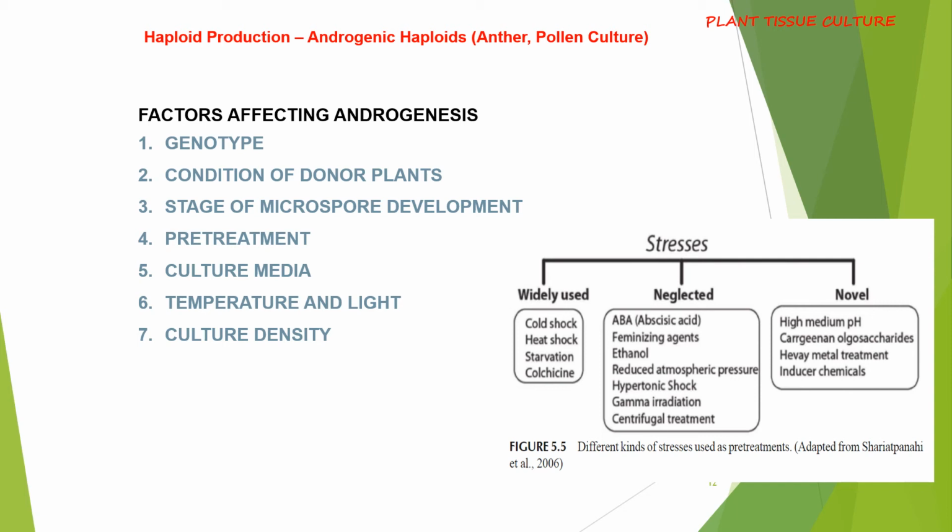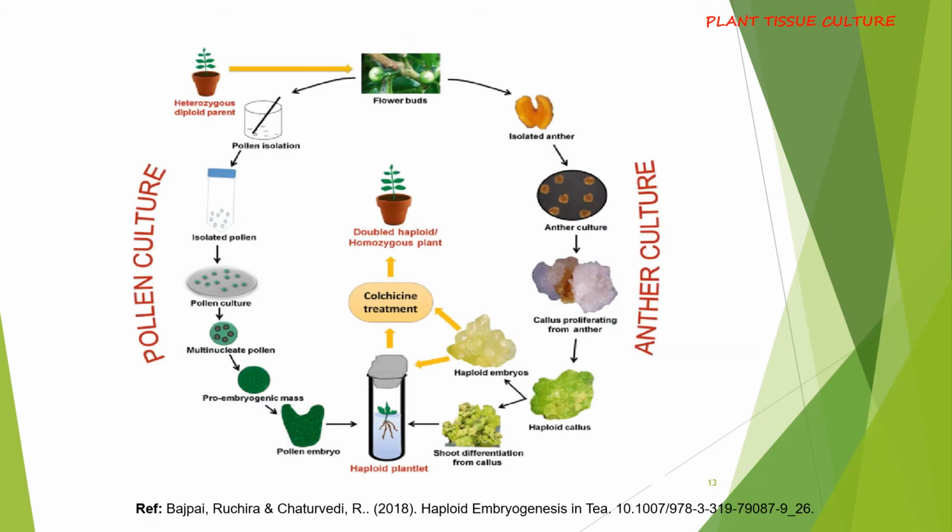It should also be seen while inoculating that the pollens or the anthers do not overcrowd the media. The figure here illustrates the generation of diploid homozygous lines by means of pollen and anther culture.